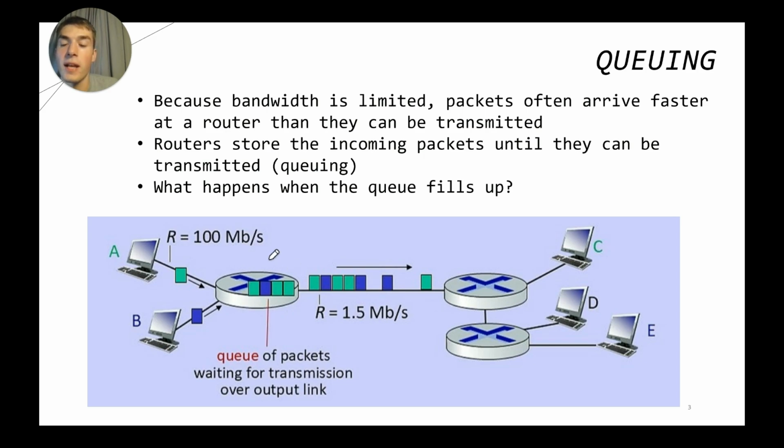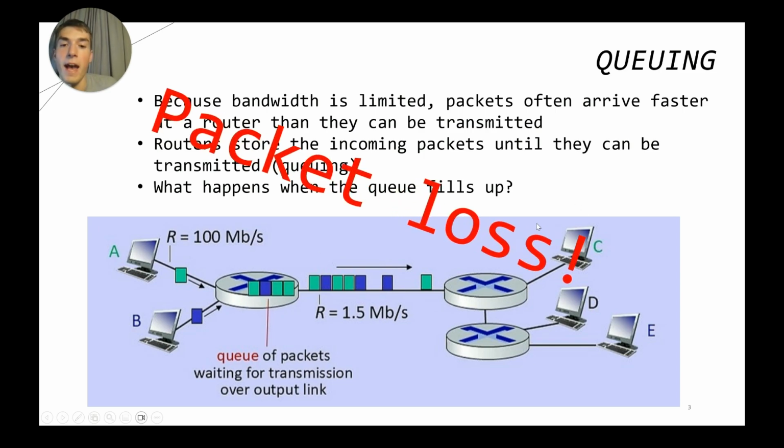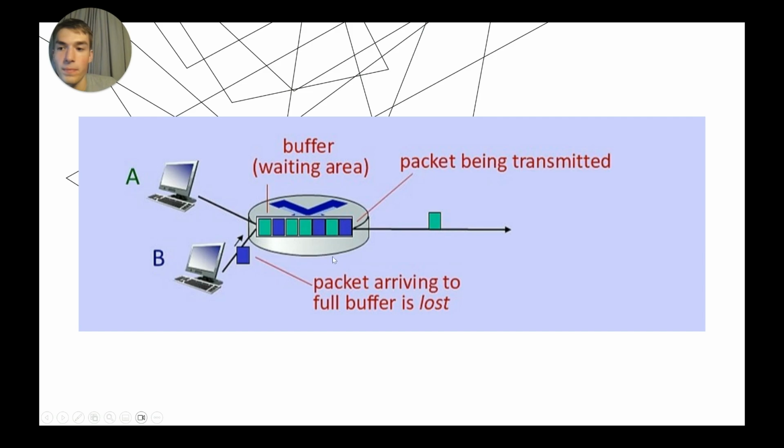It's storing data, so it has to be finite. And what's going to happen when the queue fills up? Well, what's going to happen is packet loss. So we see here in this illustration, the buffer, this is the queue, this is where packets are waiting to be transmitted. Well, this router is not transmitting fast enough, and so this packet which is coming in from B, the router can't do anything with it, and so it's just going to be lost.